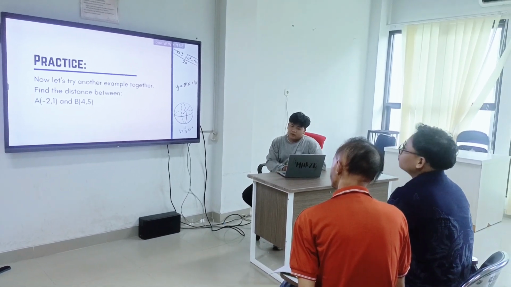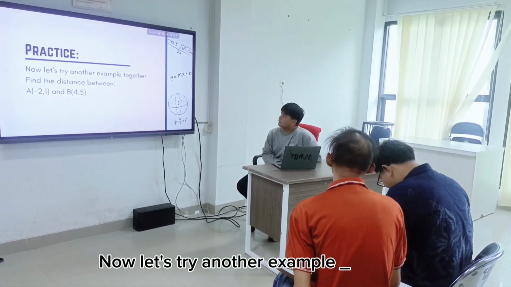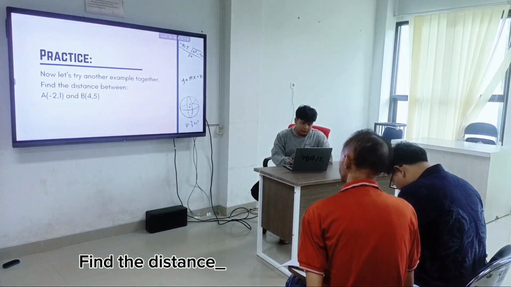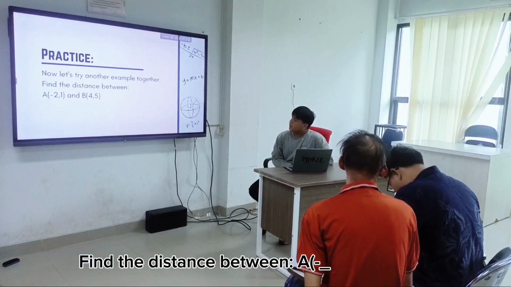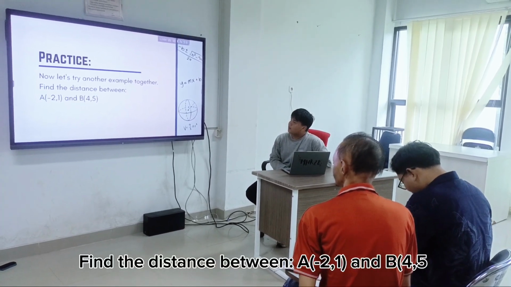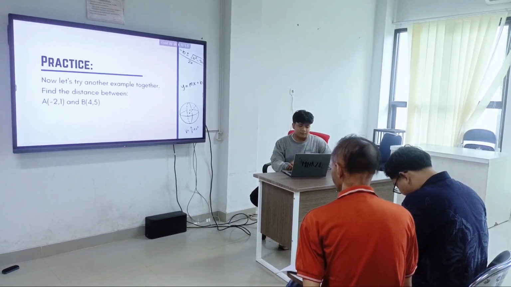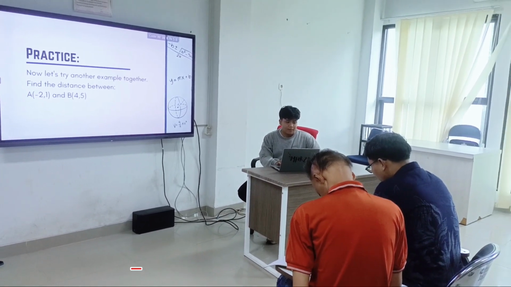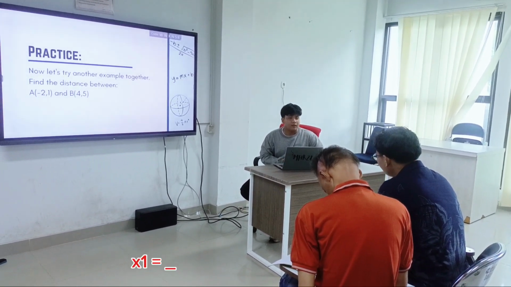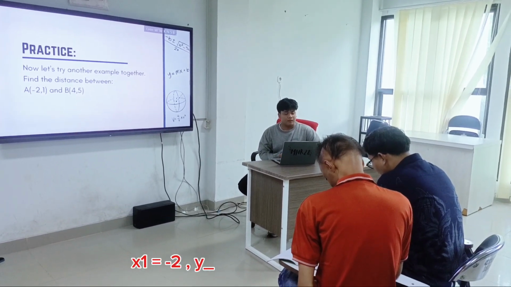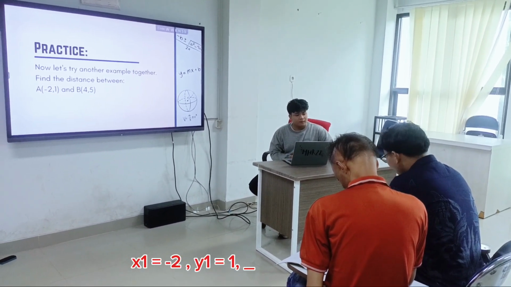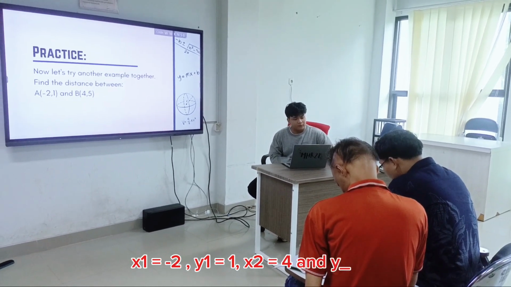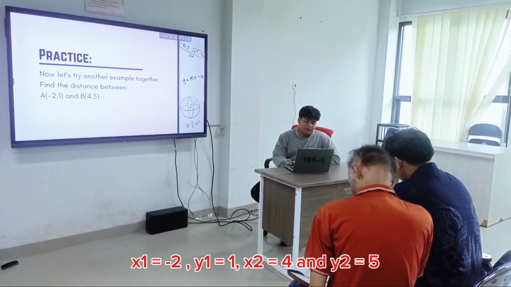Now let's try another example together. Find the distance between A(-2,1) and D(4,5). x1 equals -2, y1 equals 1, x2 equals 4, and y2 equals 5.